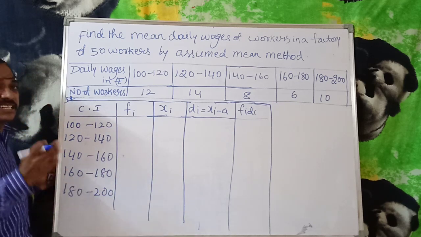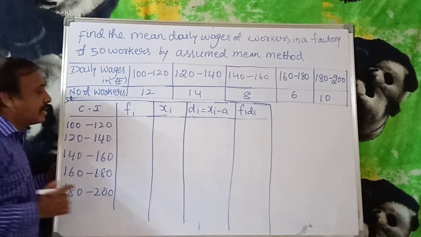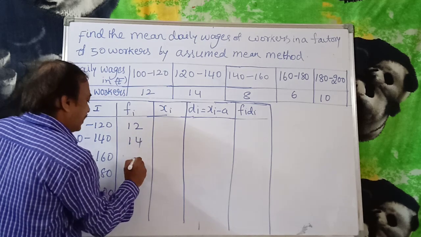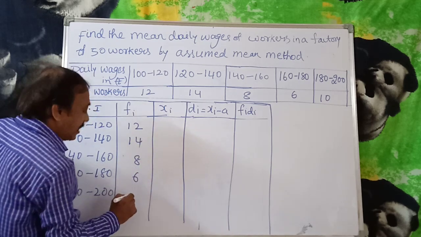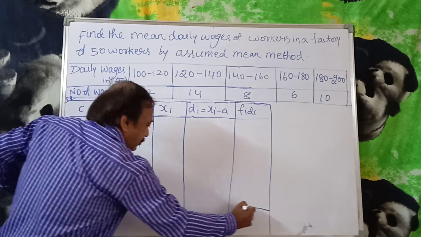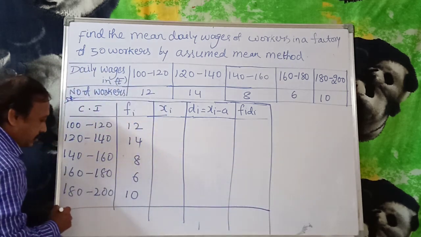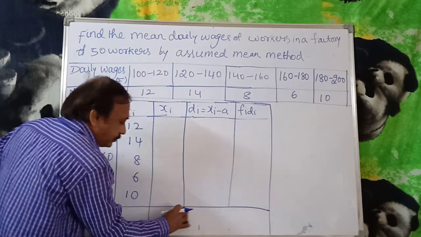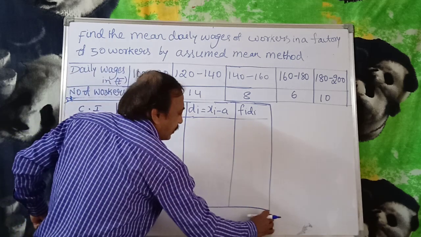The number of workers is the frequency: 12, 14, 8, 6 and 10. This is the data which is given in the question.